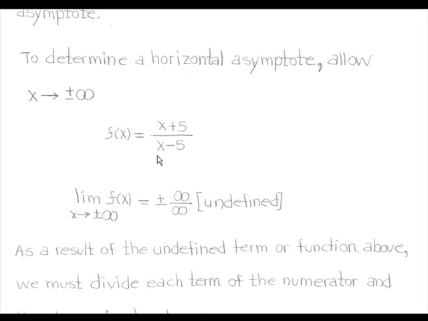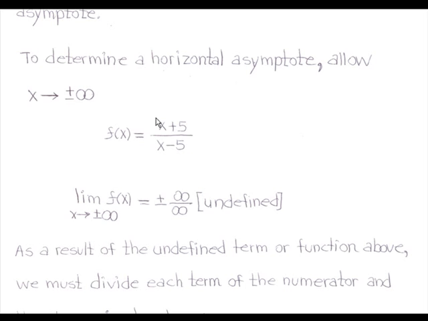As long as the powers are the same, in this case the power of x in the numerator is the first power and the power of x in the denominator is the first power, and we want to convert that to a simpler form that we can work with. As long as the highest power in the numerator is equal to the highest power in the denominator, you just divide each term by that power of x.